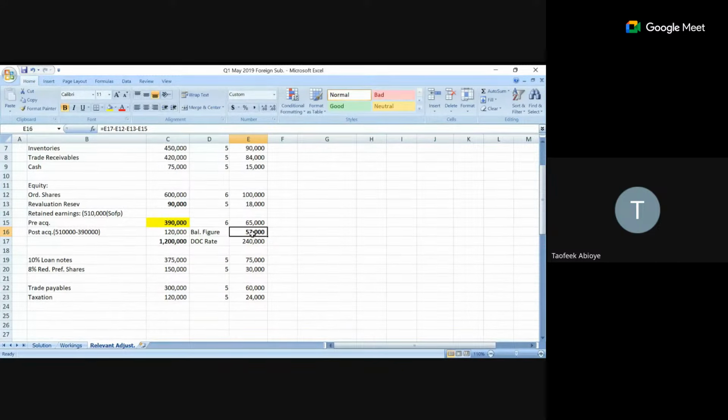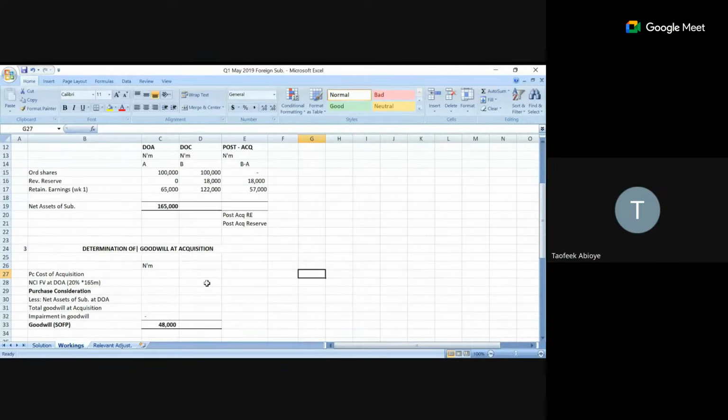Now, they told us one information. The information is that NCI is valued at proportionate share of net assets. So what that information is telling us is that our NCI value at DOA will be NCI percentage multiplied by this 65,000. So there is a trick I need to add now. Let me put that trick here so that we'll be remembering. This figure that you determine here is going to working note 3.